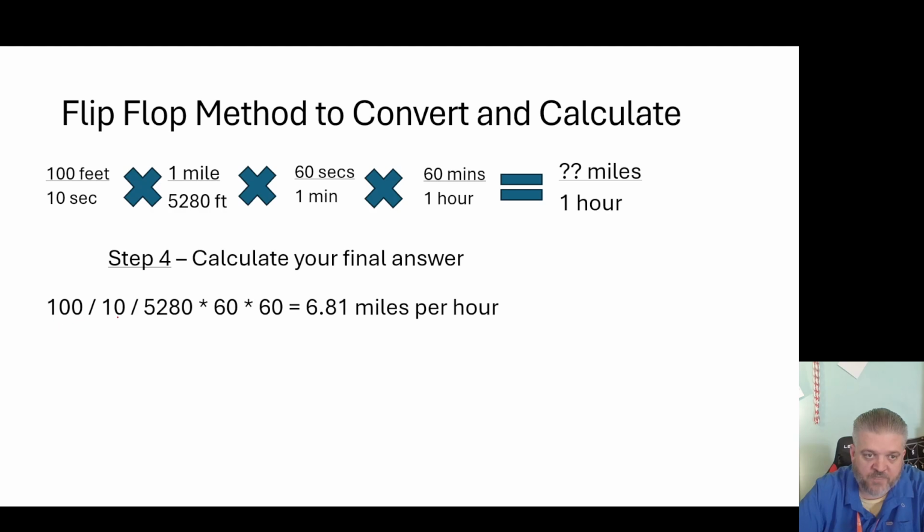So 100 divided by 10 divided by 5,280 times 60 equals 6.81 miles per hour. So 100 feet over 10 seconds, which we originally found out in one of the previous slides was 10 feet per second, is the equivalent of 6.81 miles per hour.